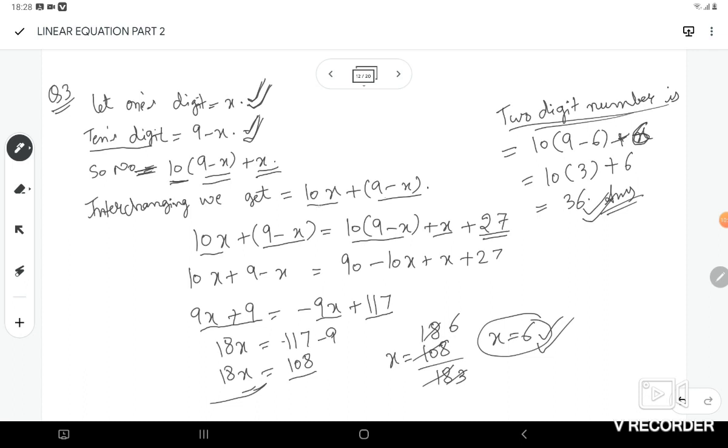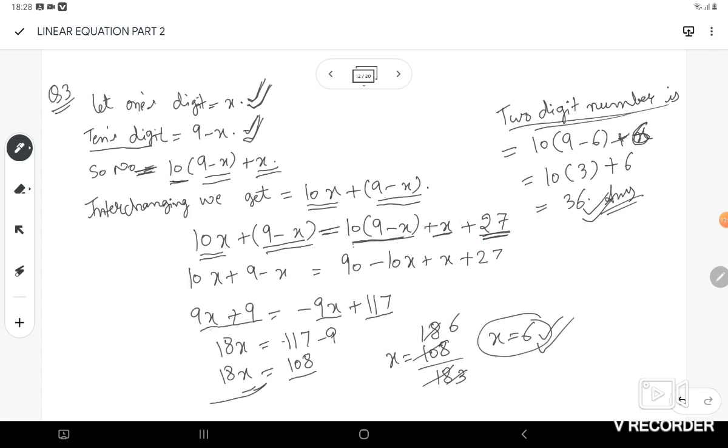First we have to interchange the digits. So the ones digit becomes the tens digit, and the tens digit goes to the ones place. So it gives 10x plus in bracket 9 minus x. Now it says that the interchanged number is greater than the original number by 27. So 10x plus 9 minus x would be equal to 10 times in bracket 9 minus x plus 27.